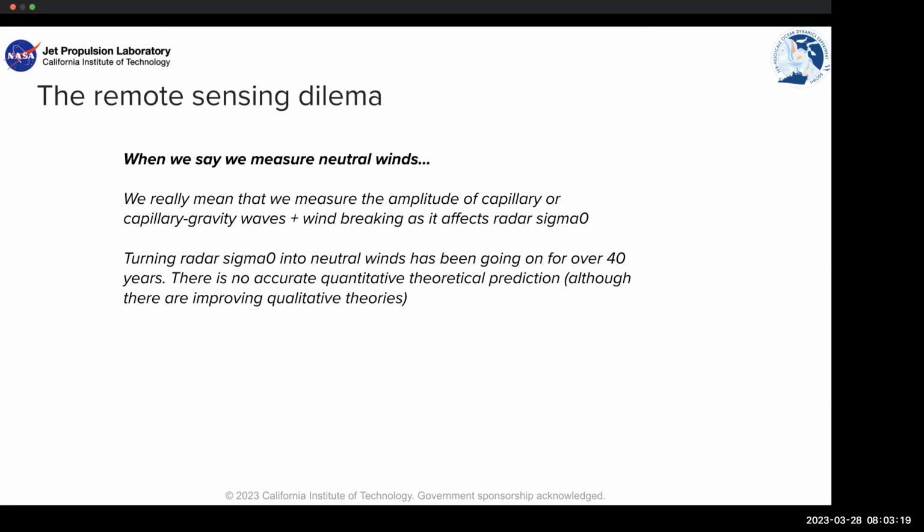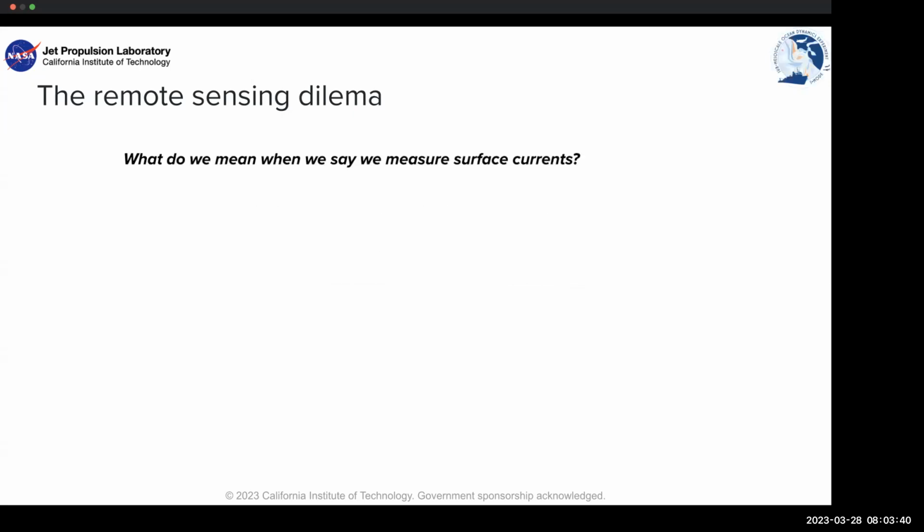And also, there's no accurate quantitative theoretical prediction, although there are improving qualitative ones. And yet, both of these measurements are used throughout the community by people who have forgotten the pain of what it took to get there. So the purpose of this talk is to try to say what we mean when we say we measure surface currents, at least with the Doppler scatterometer.